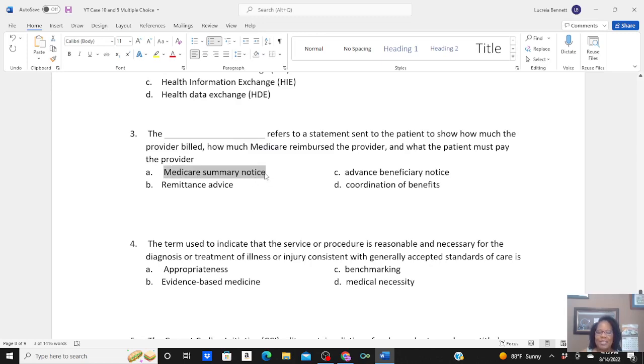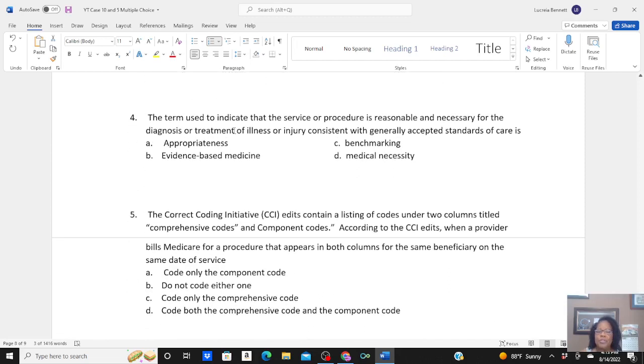Number 4, the term used to indicate that the service or procedure is reasonable and necessary for the diagnosis or treatment of illness or injury consistent with generally accepted standards of care is medical necessity. And we hear quite a bit about medical necessity now because, again, if the need wasn't there, I'm finding third-party payers aren't paying. There needs to be a medical necessity for everything that's being done now in healthcare.